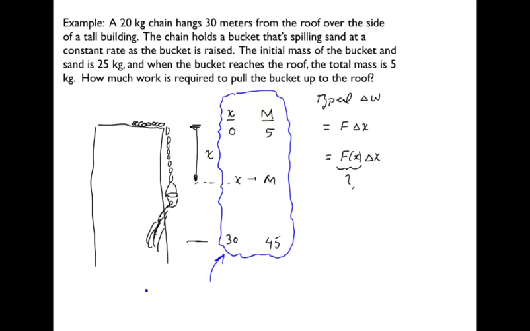So really we have a linear, or constant rate of change, relationship between x and m. This is a very common theme with these physics problems. We need to know what the mass is for any value of x, and then we'll know what the weight or the force is for any value of x. So this idea of creating a linear relationship is going to be huge for us.